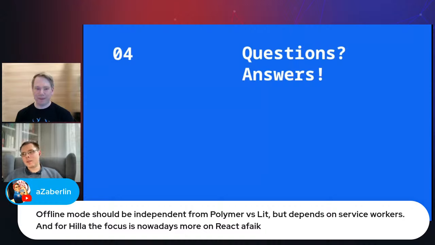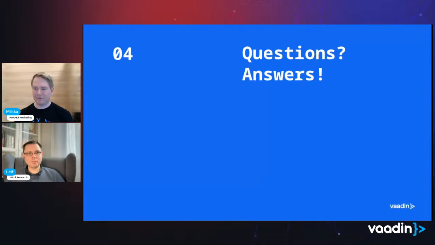So if you need to have offline functionality, then you need to build it with some kind of client-side technology. Back in the days, we said use Polymer for that. Then we said, well, now there's this thing called Lit. It's better, so use that instead. And now, as we have been seeing with Hilla and so on, we are moving more towards React for that kind of client-side functionality to be able to do things while you're offline. But all are technically valid options.